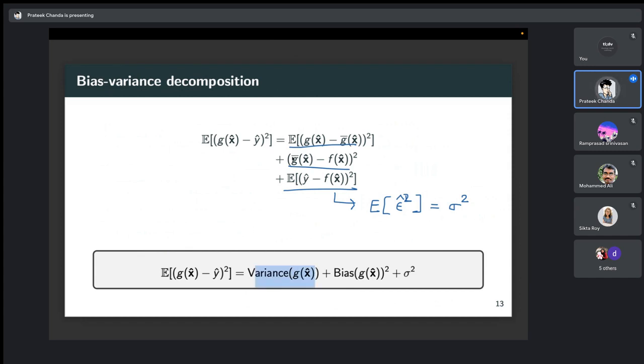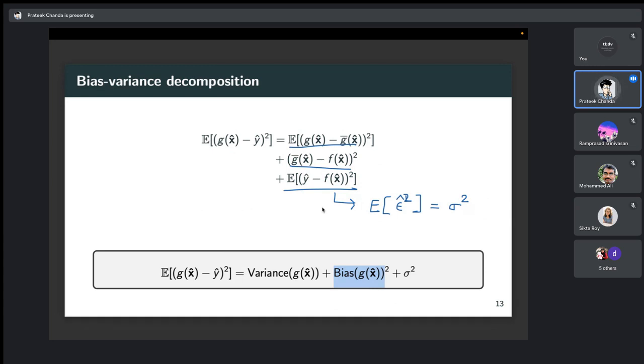The second term is the bias here, because that's how we define bias: how the true function deviates from the mean prediction. So the second term is my bias of g of x hat. Now I have a whole square on top of it, so I have bias of g of x hat whole square. And the last expression is y hat minus f of x hat.